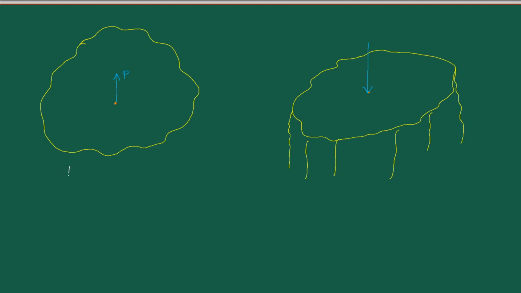So this problem is Kelvin's problem. It's a famous problem in elasticity.